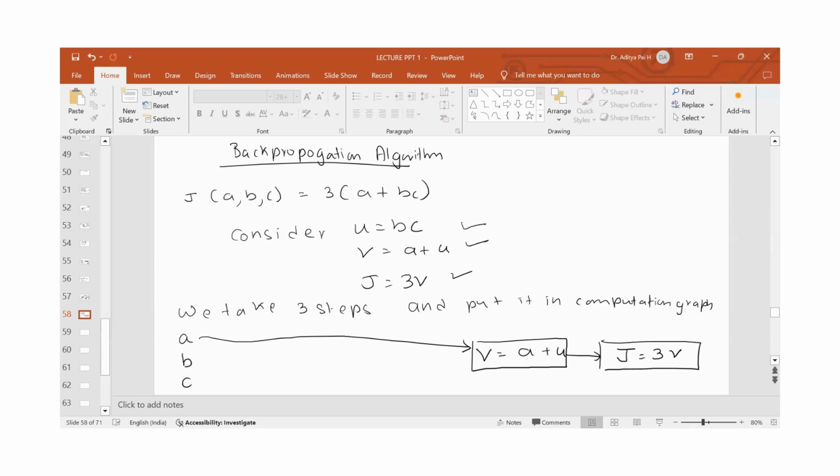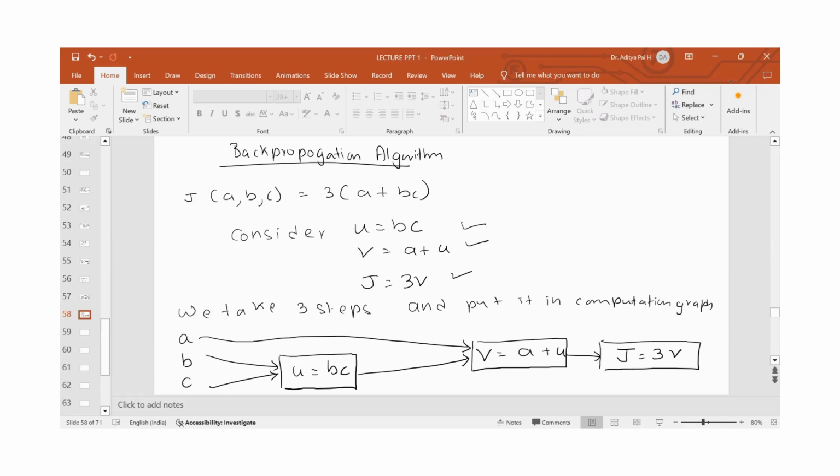Another input is U, and U is equal to BC. So this is one input, this is another input, and this U and this A are given as input to V.